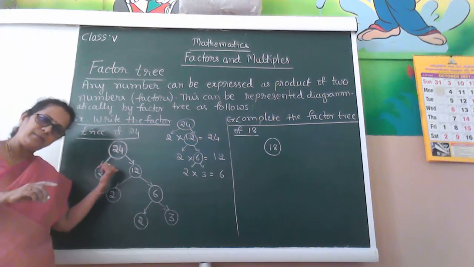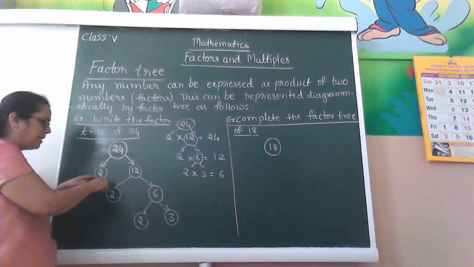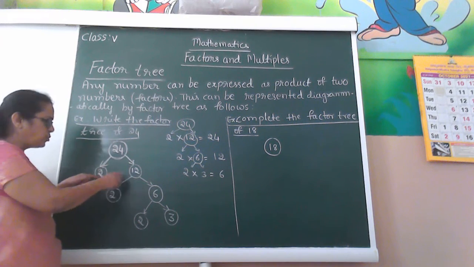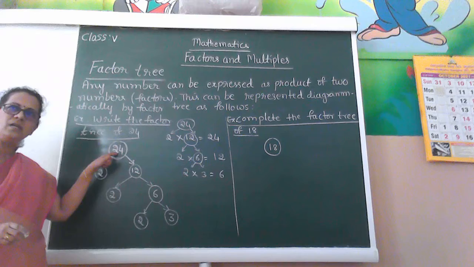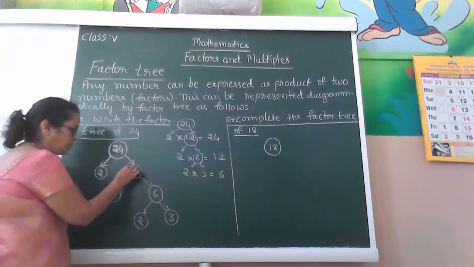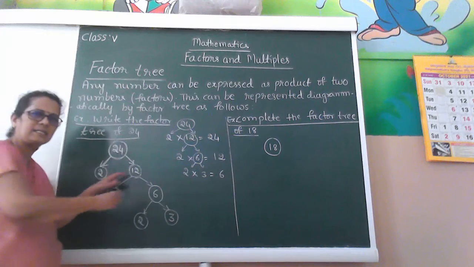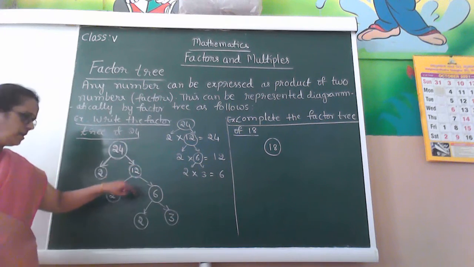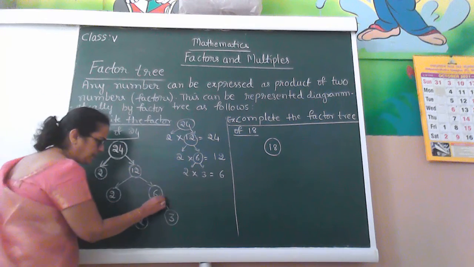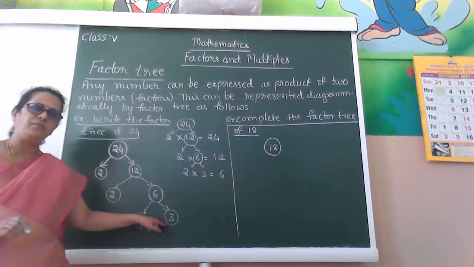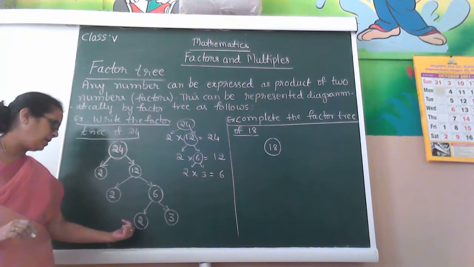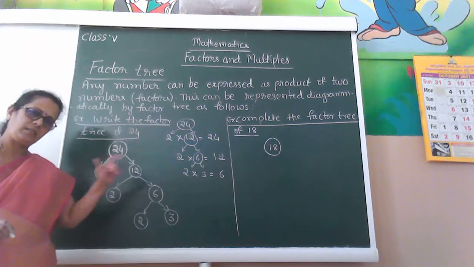See, first I did 24. To get the product 24, you have to multiply two numbers. That is 2 12s are 24. Next, to get 12, that is 2 6s are 12. Next, to get 6, it is 2 3s are 6.